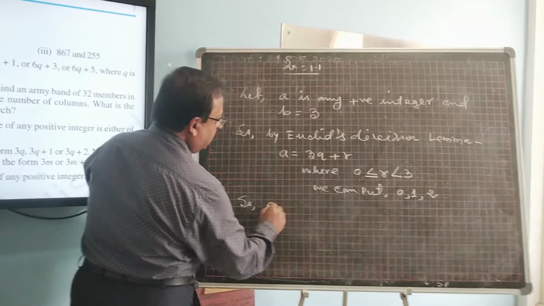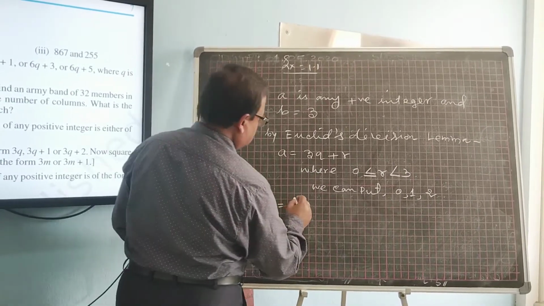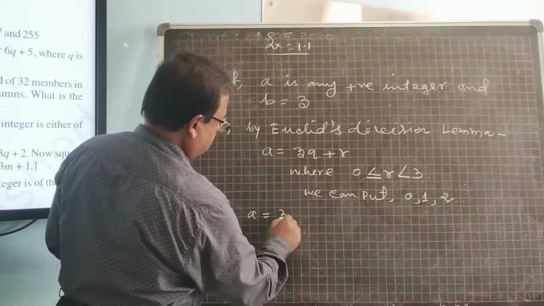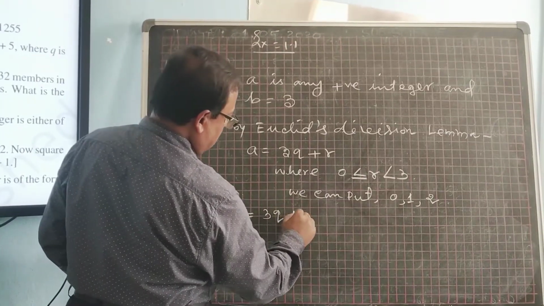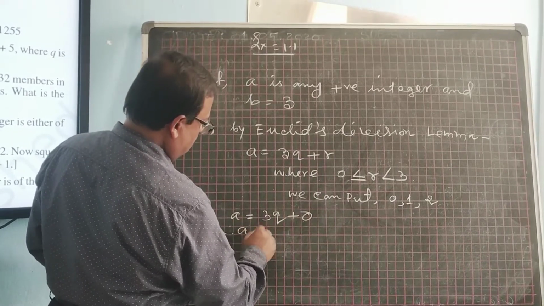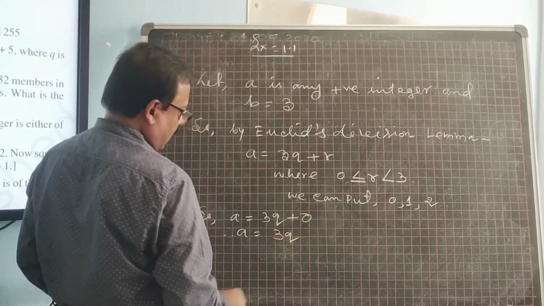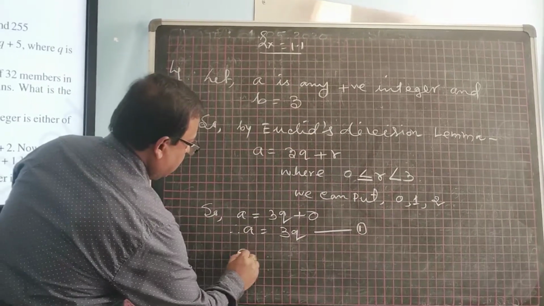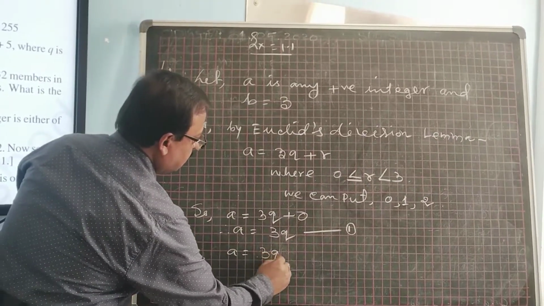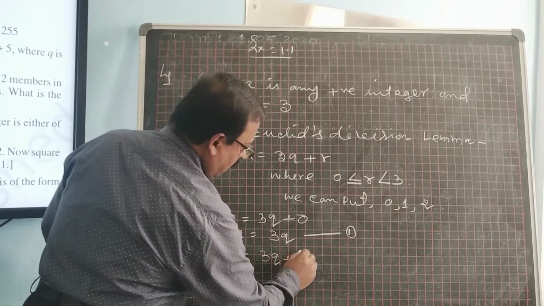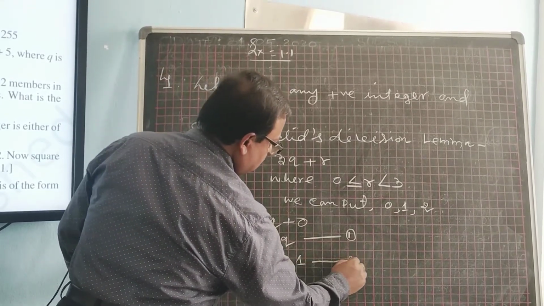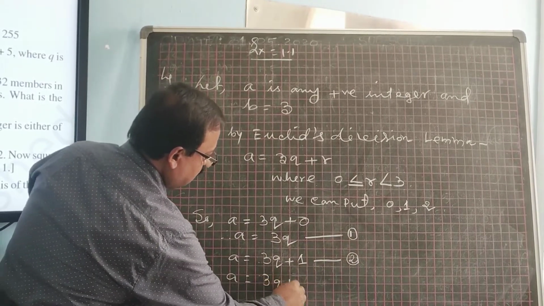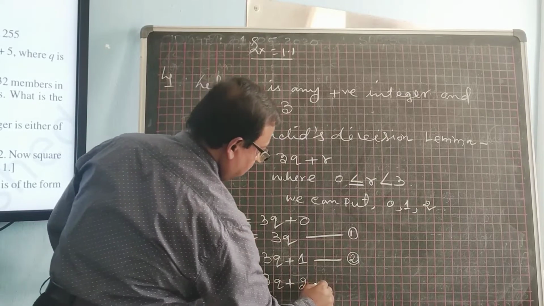So a equal to 3q plus 0. Therefore a equal to 3q, number 1. a equal to 3q plus 1, and a equal to 3q plus 2.